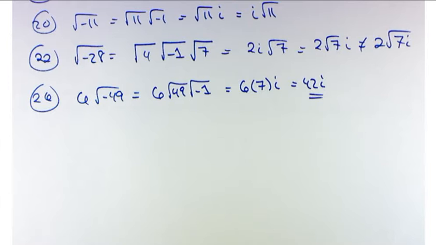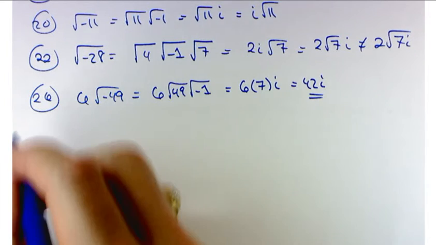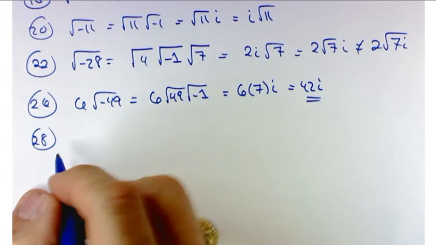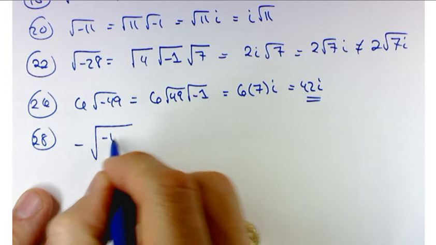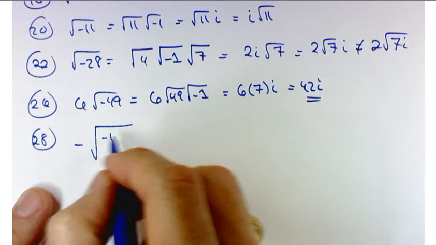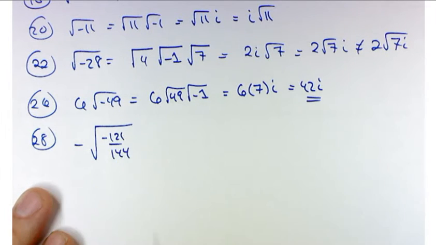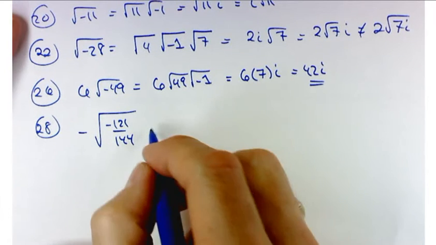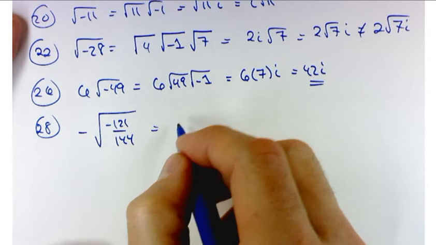Let's do one last one kind of like this, and that's going to be problem number 28. Negative the square root of negative 121 over 144. So, let's see.